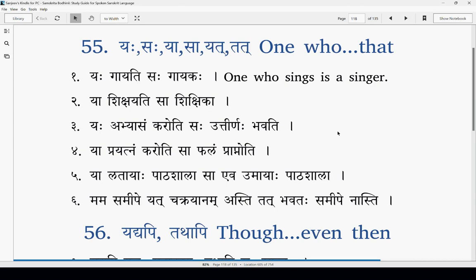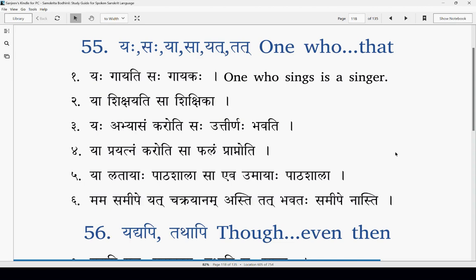So sah balakah asti, tasya mata asti. Similarly, yaha also takes all these different forms. For example, take the pullinga udaharanam. यः गायति सः गायकः. यस्य कार्यक्रमः अस्ति तत्र अहं गच्छामि.